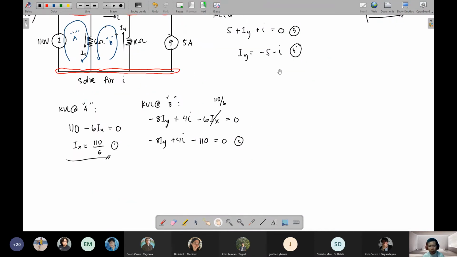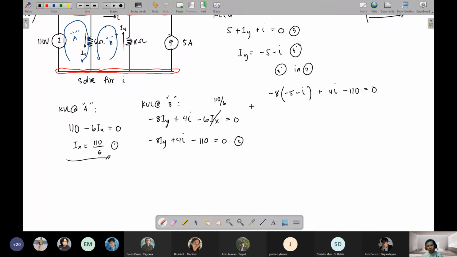And then kaning equation 3 prime, I will substitute it here sa akong equation 2. So 3 prime in equation 2, you will have negative 8 IY, so that is negative 5 minus I, plus 4I, minus 110 is equal to 0.